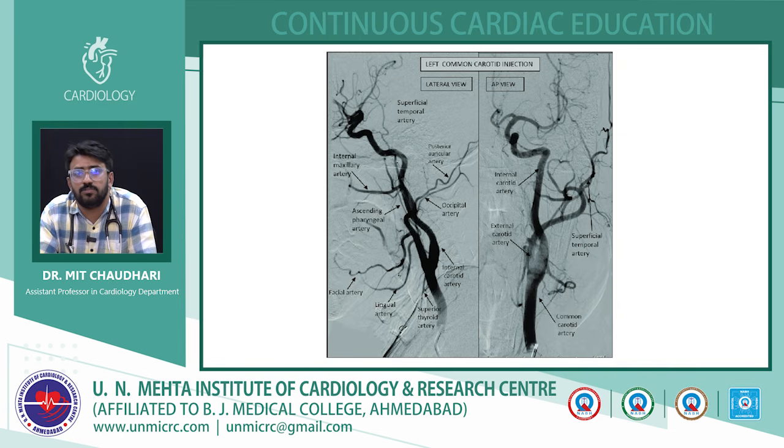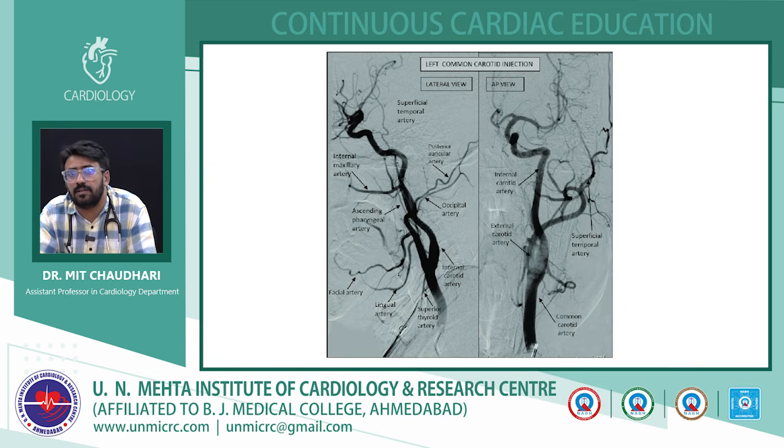These are the digital subtraction angiography images, DSA images, of common carotid artery injection. The one on the left is the lateral view, where we can see the bifurcation more clearly. The one on the right is the AP view, where the bifurcation of the common carotid artery is not that clear.